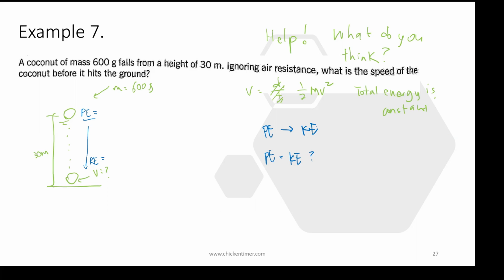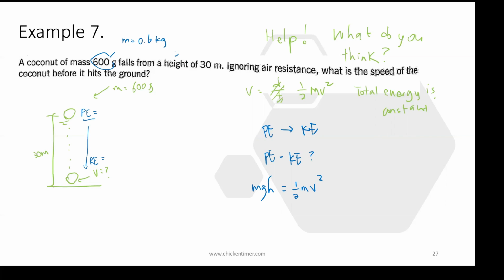mgh equals to... we must first convert 600 divided by 1000, so its mass is 0.6 kg.